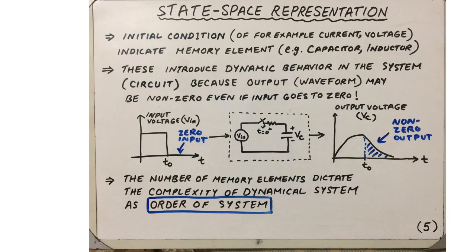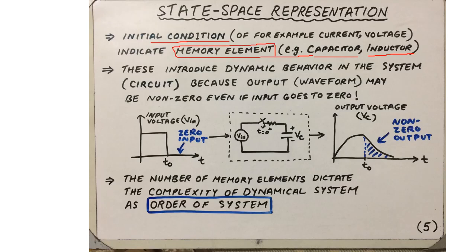Let us relate the initial condition with the dynamics of the system. For example, we know the capacitor stores energy in the form of electric field energy, and the inductor stores energy in the form of magnetic field. The storage reflects the ability to retain something, and in other words, the retention is linked with the presence of a memory element in the system.